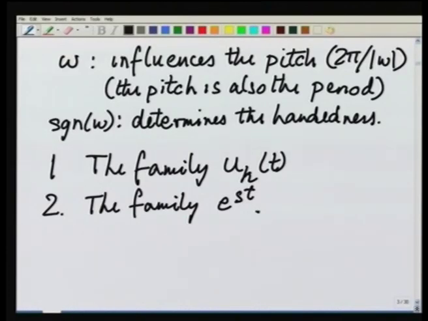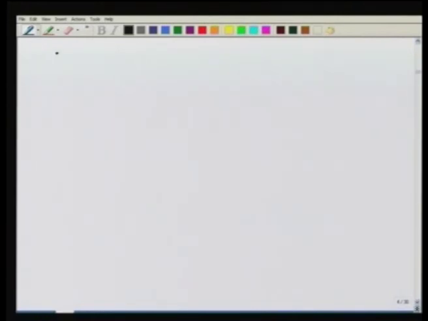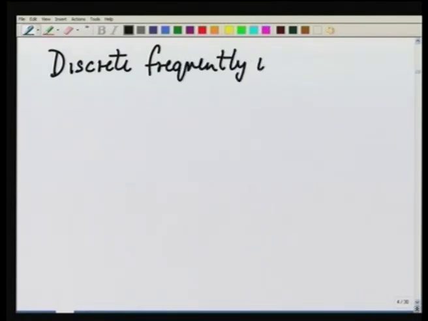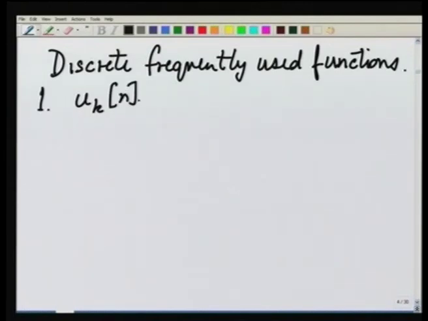Now go through the discrete counterparts of these functions. Starting with u of n, the unit step is the first one.